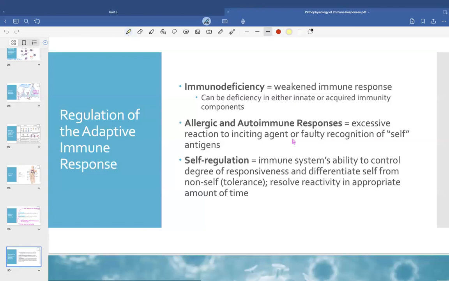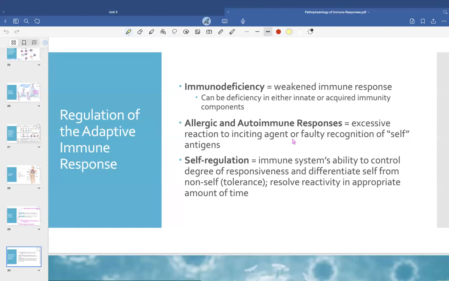When we have allergic or autoimmune responses, in either case, it's excessive, like there's a loss of regulation. So it's an excessive reaction, or inability to recognize self-antigens in the case of autoimmune. We lack a regulatory process. So when you have an allergic exposure, you're in full-blown anaphylaxis.